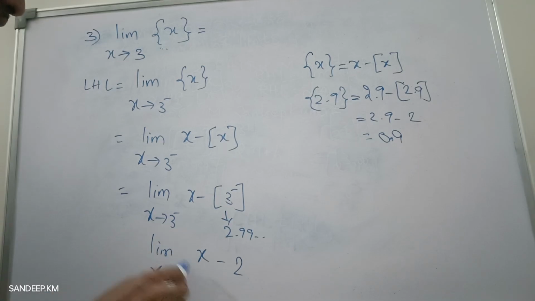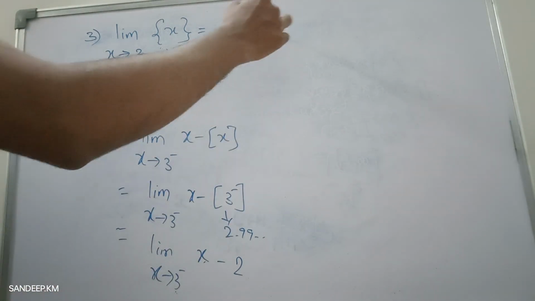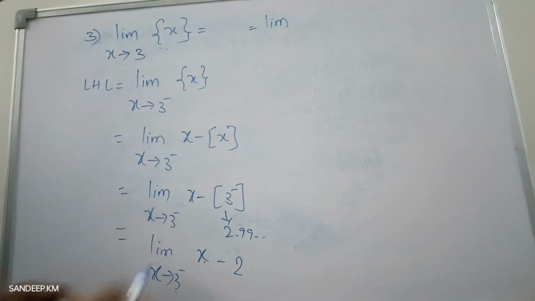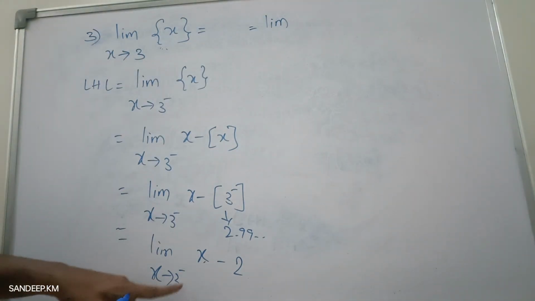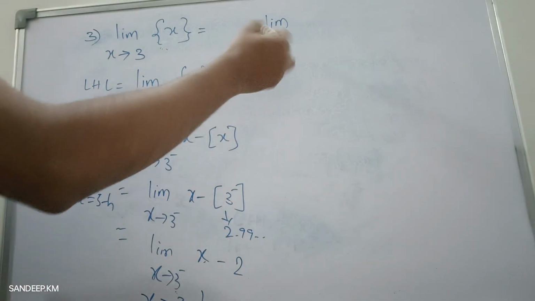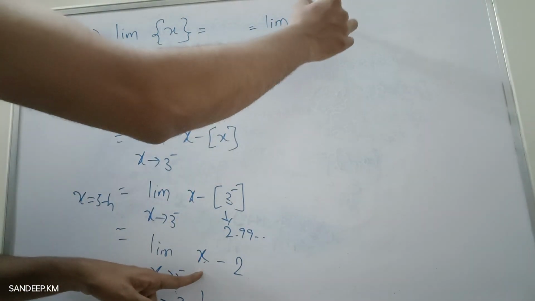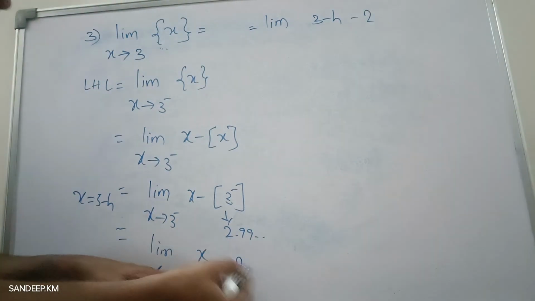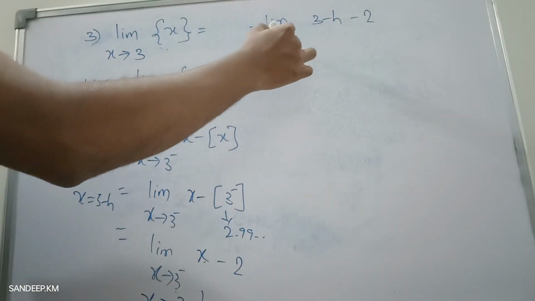Limit x approaches 3 minus. Now instead of x, let us substitute. I am substituting x as 3 minus h. This is what we do in most of the questions. I will take x is equal to 3 minus h and minus 2 as it is, and h is approaching 0.